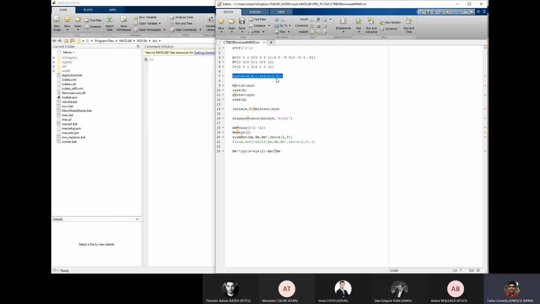It's a so-called square system. And I'm using the command that computes a minimal realization, which is minreal, from minimal realization.